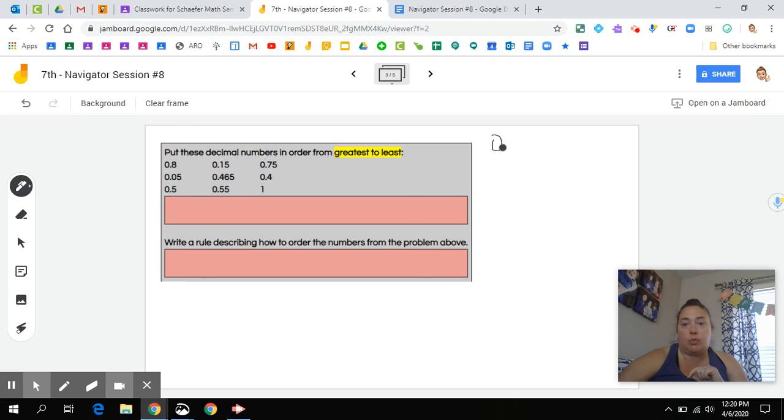So I have 0.8, and then underneath it, I'm going to write the 0.05, and I'm lining up the decimal points.